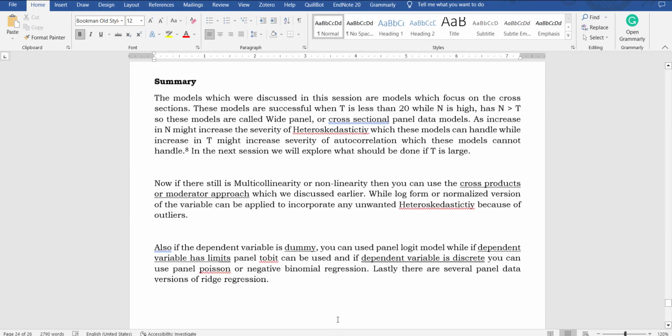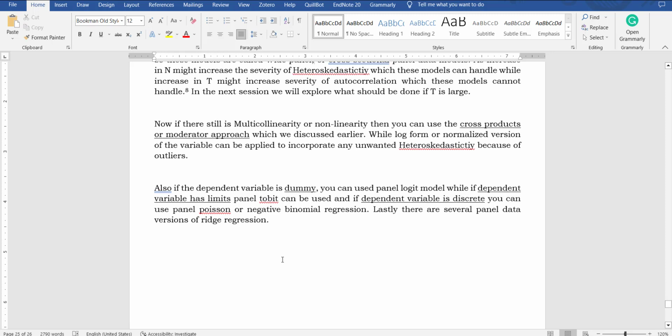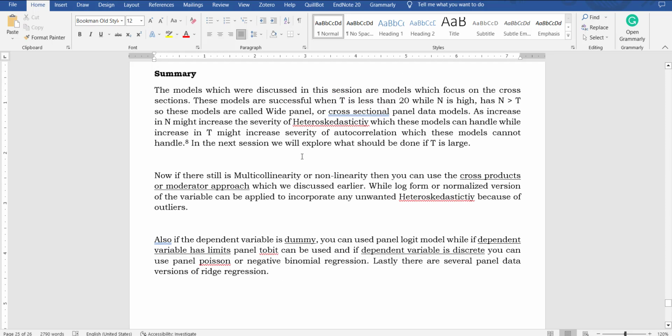Then summarizing, if T is less than 20 and N is high, then you can go for wide panel data models which are behavioral models, and if T is large, then you can go towards equilibrium-based models like panel ARDL. If there is still multicollinearity, you can add cross products and moderators that can solve it, and non-linearity.